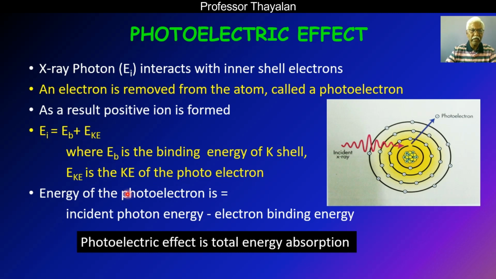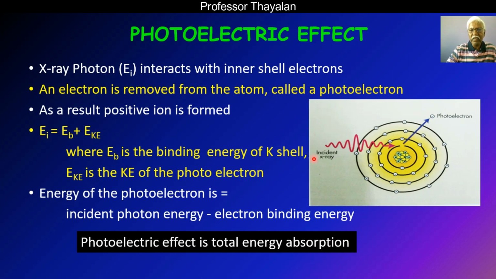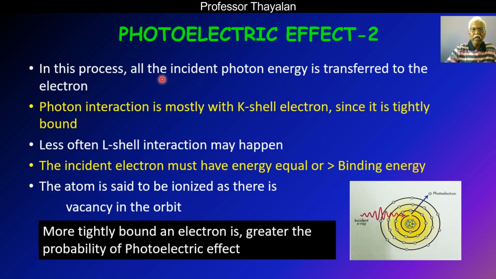Suppose you want to calculate the energy of the photoelectron: it is equal to incident photon energy minus the binding energy of the electron. So the photoelectric effect is a total energy absorption. Whatever energy the incident X-ray has, it is totally absorbed in the medium. All incident photon energy is transferred to the electron in the photoelectric effect.